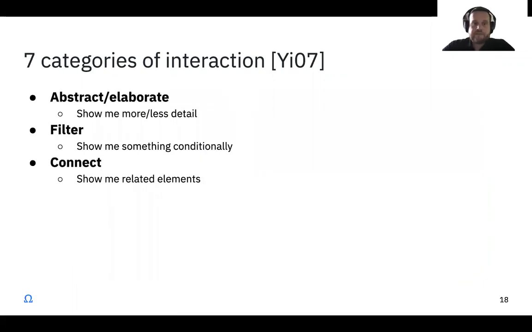Then we have abstract elaborate, which is show me more or less detail. This is known colloquially as the zoom interaction, so zoom in, zoom out. Then we have filter, show me something conditionally. We've been over this, and we also have connect, so you explicitly visually connect related elements in your multi-view or in your visualization.